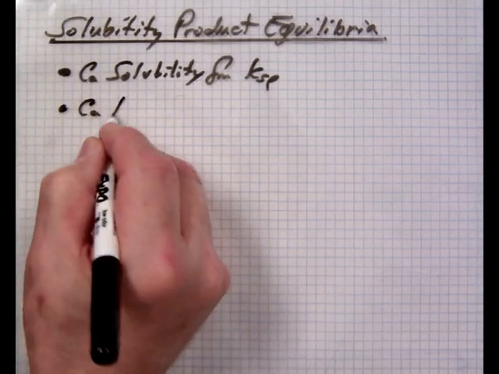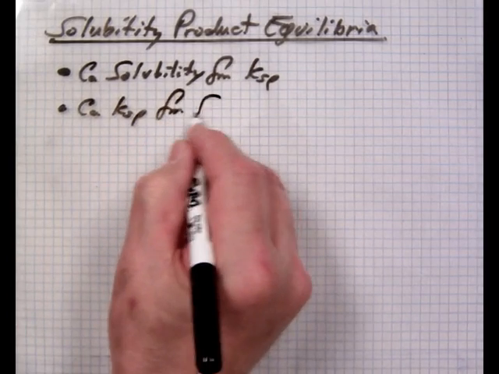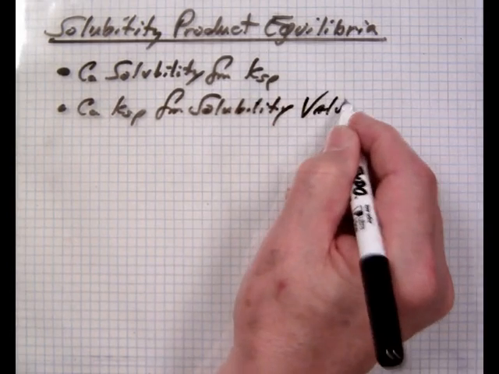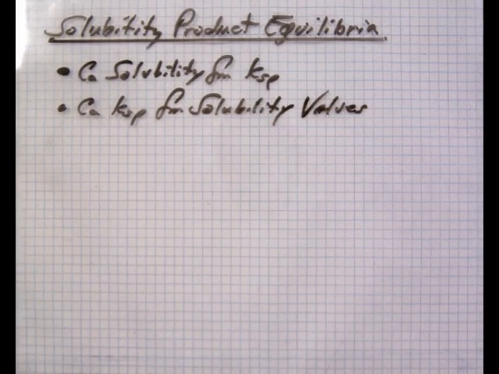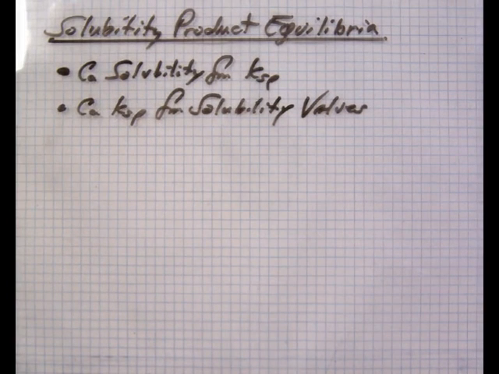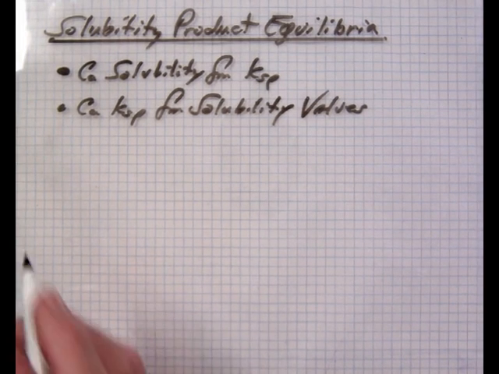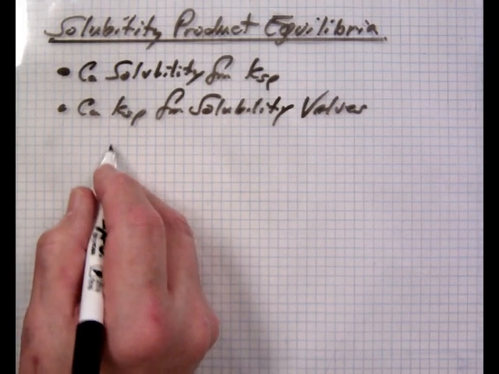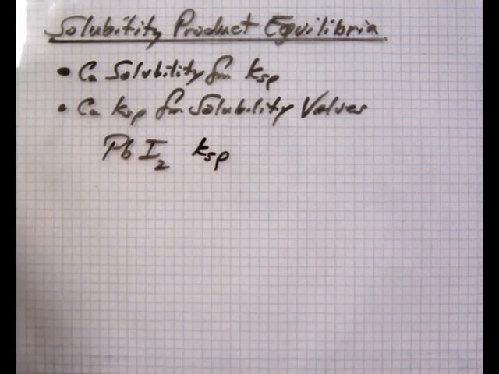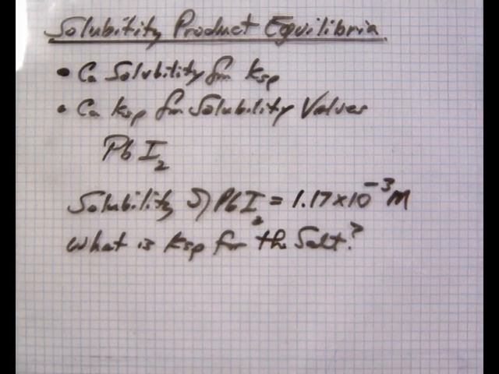Now you'll have to calculate KSP from solubility. They're giving you some solubility value. Now, in this case, you have to do two things. You have to convert your solubilities to ion concentrations. If I gave you lead iodide and you're given the solubility, what's the KSP of the salt?